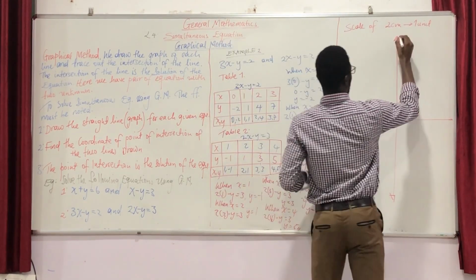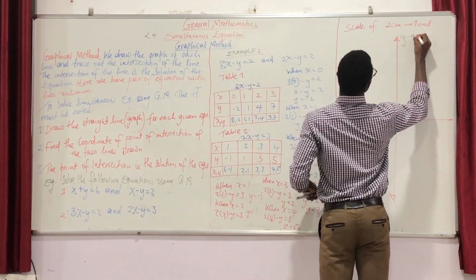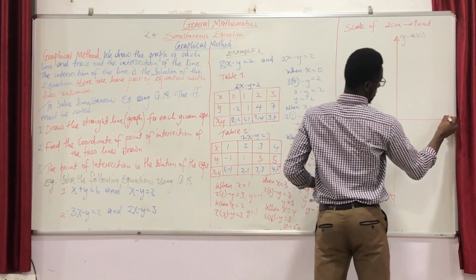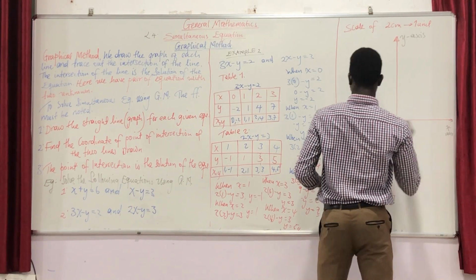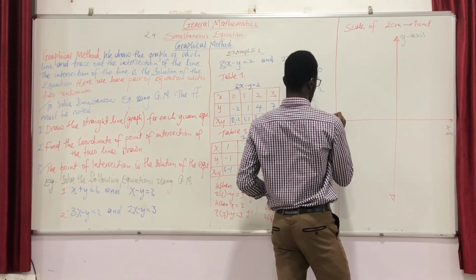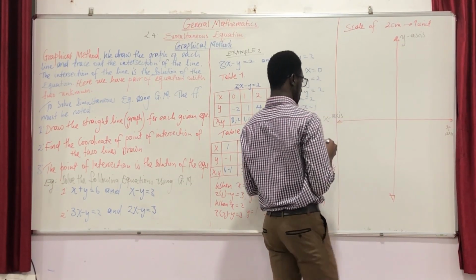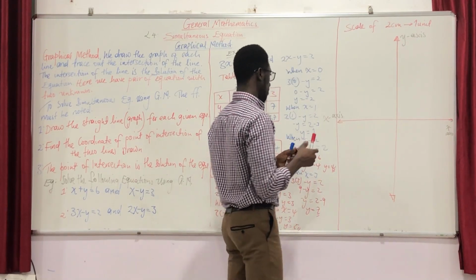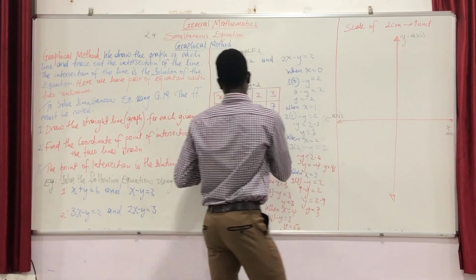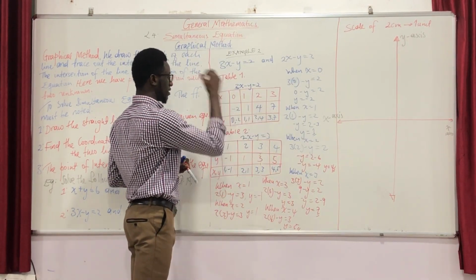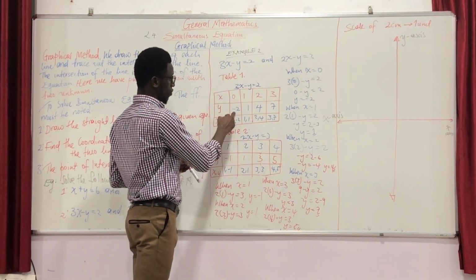This is our y-axis. This is our x-axis. For y, the highest is 7 and the least is -2.